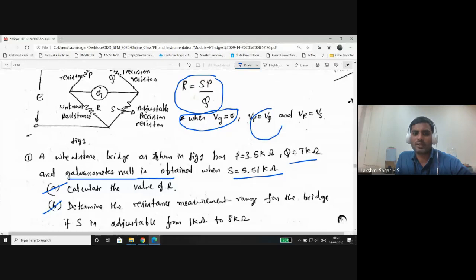The potential at point P and at this node are the same. So Vp is equal to Vq and Vr is equal to Vs.